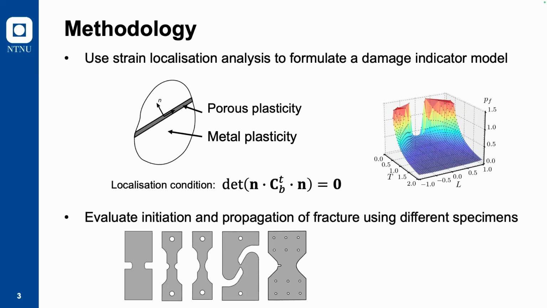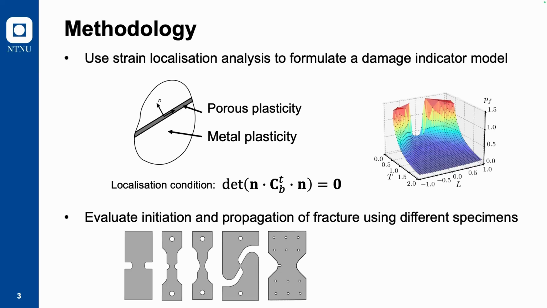The imperfection band is assigned porous plasticity parameters, while the rest of the body is assigned metal plasticity. We load this body continuously while requiring equilibrium and continuity across the imperfection band.